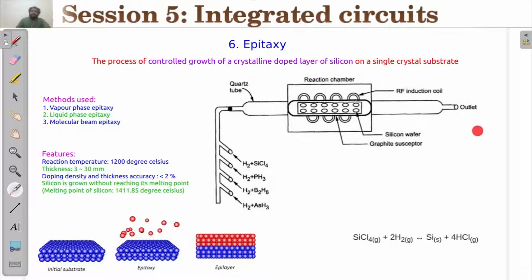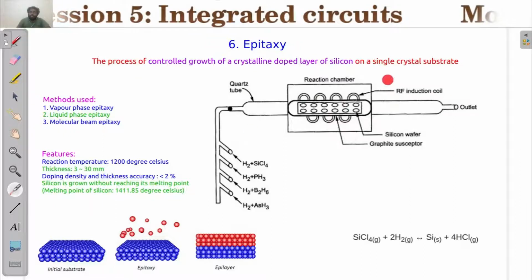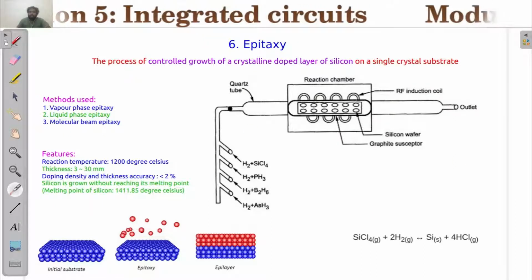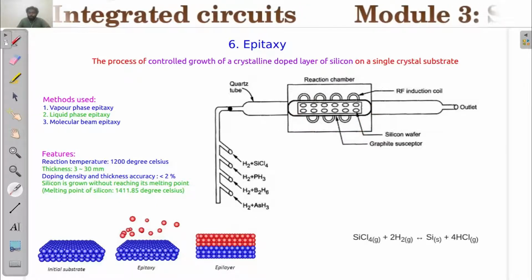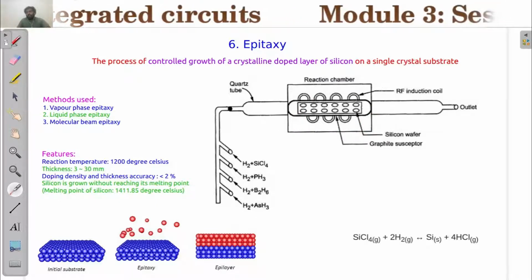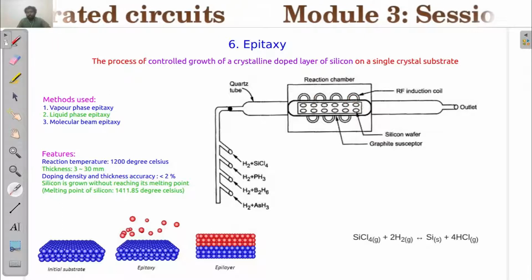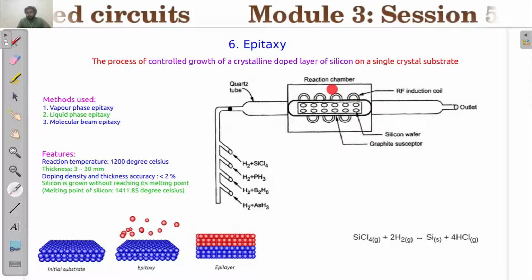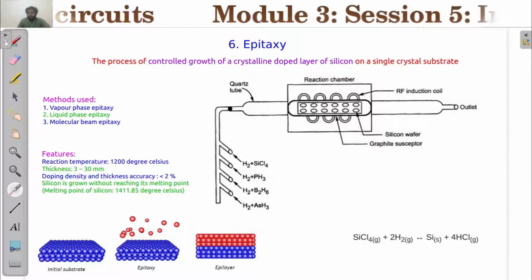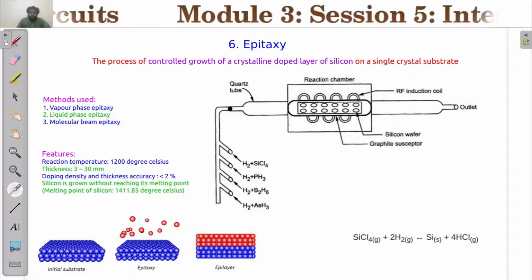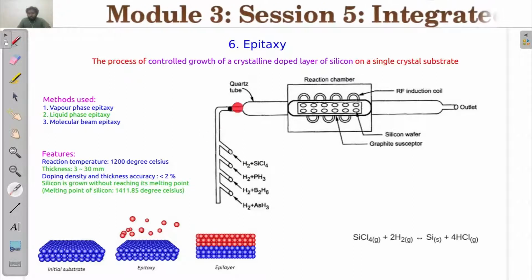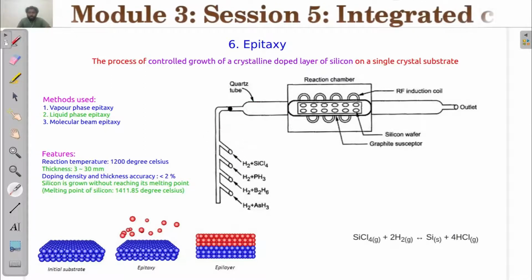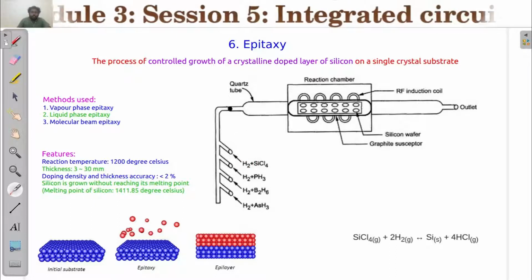This is the reaction chamber. This is a setup for vapor phase epitaxy, where you have a reaction chamber that contains a graphite board which hosts the silicon wafers on it. This entire setup will be heated using RF induction coils. This quartz tube will be used to provide whatever dopant you need, and that is provided with hydrogen gas.